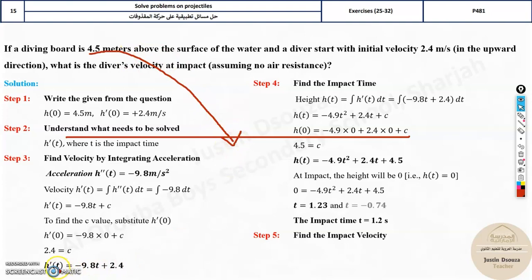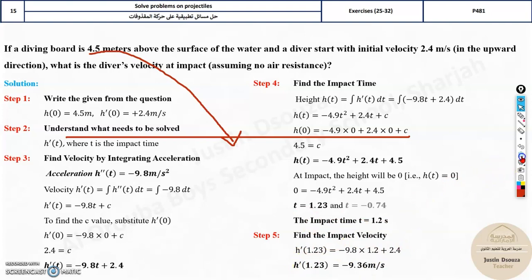Just put 1.23 instead of t and solve it, and you will get the answer. This is the impact velocity. So that's how we solve it.